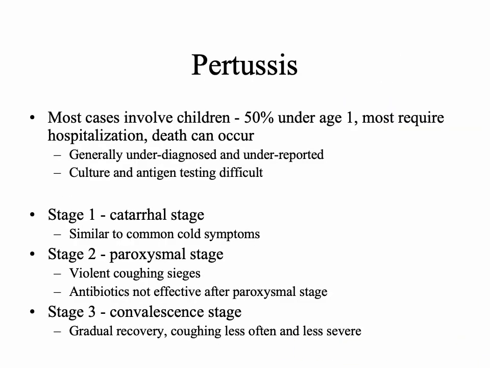Now, most of the cases of whooping cough or pertussis are in children, and it's because they're not fully vaccinated until they're 12. And like I said, it can be highly contagious. Usually death is going to occur in infants, just because they don't have a strong immune system to begin with.